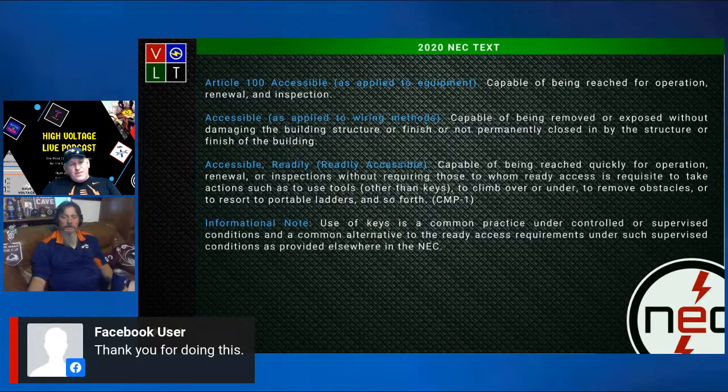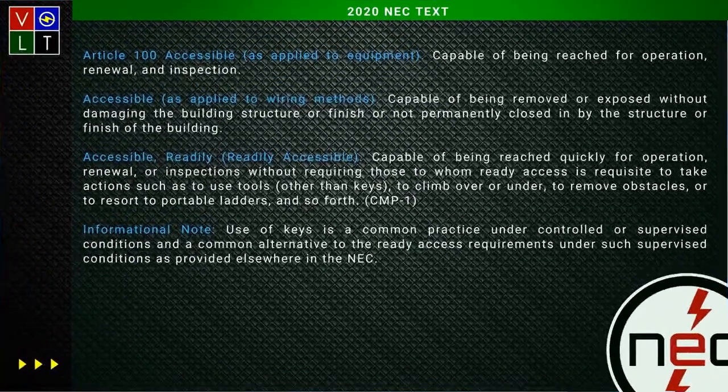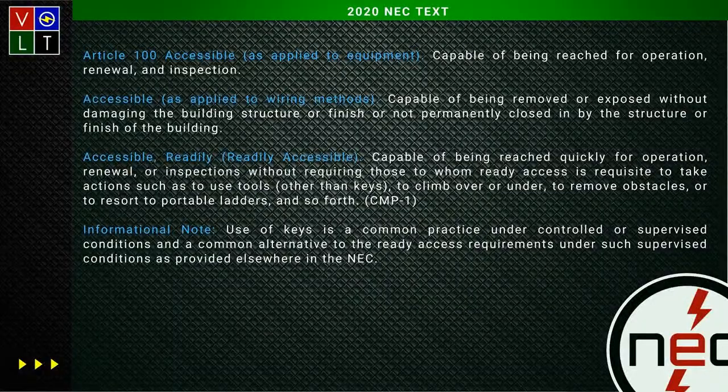But anyway, I was just explaining to them about the accessibility and everything here. Let me get this more in a full screen. And looking at the definitions, I was sort of covering underneath the sink and explaining how some view having cleaning products underneath there as being not accessible, where some don't look at that as being that big of an issue.